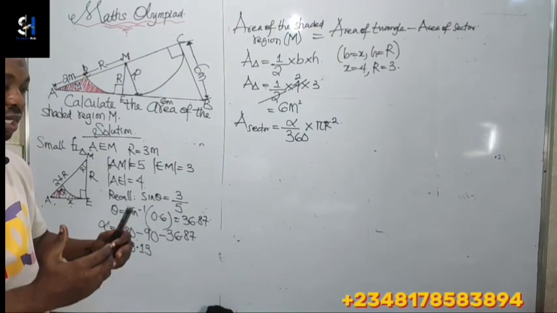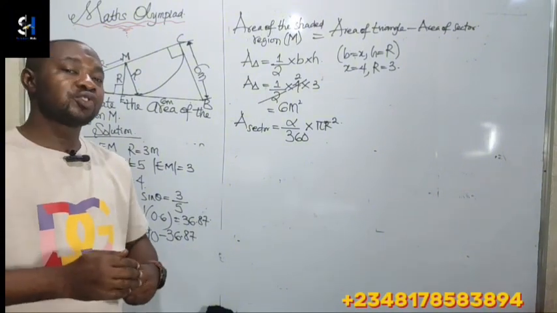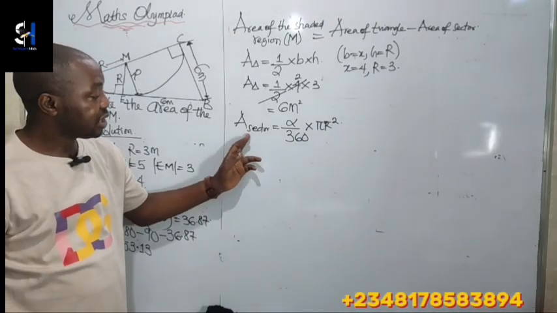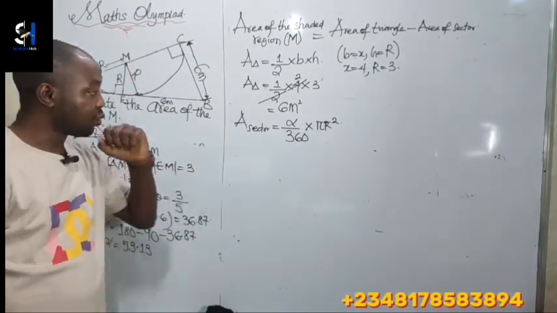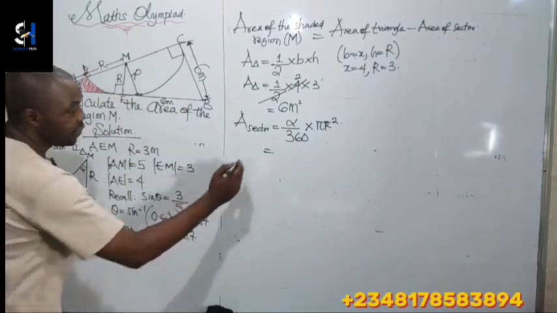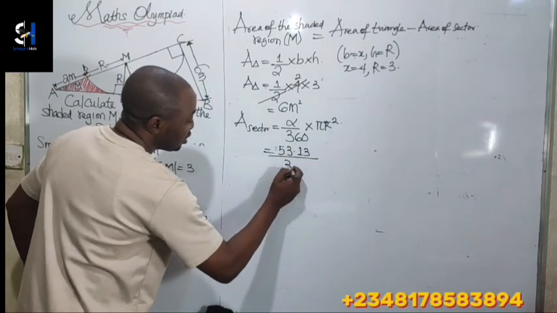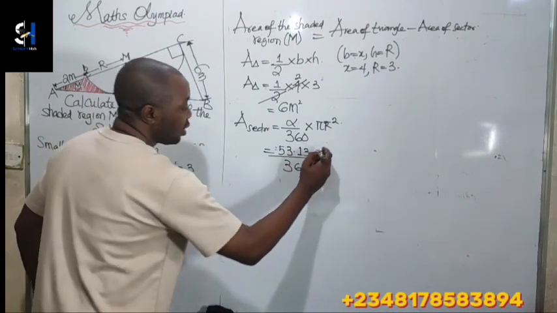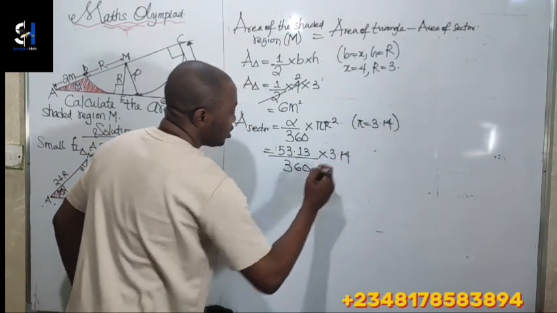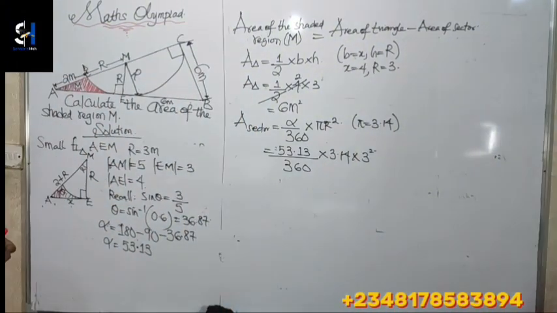The area of a sector depends on what fraction of the whole circle the sector is, related to the central angle. So the area of the sector is 53.13 divided by 360, multiplied by 3.14, the value of pi, multiplied by 3 raised to the power of 2.